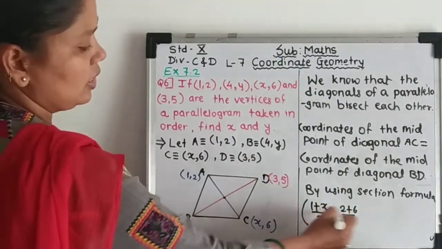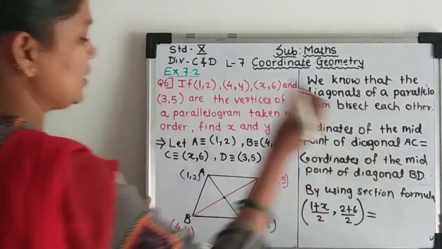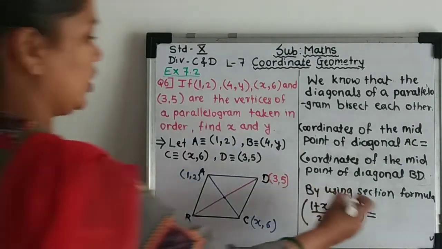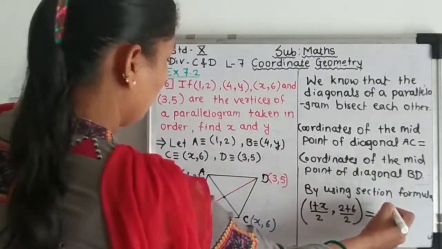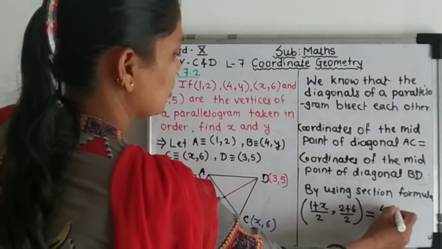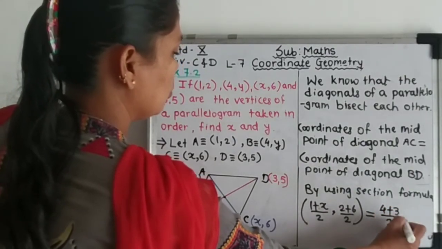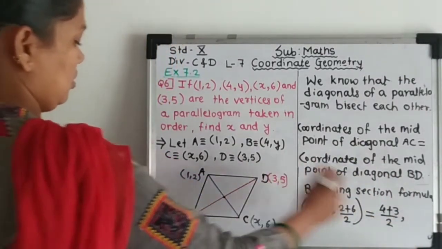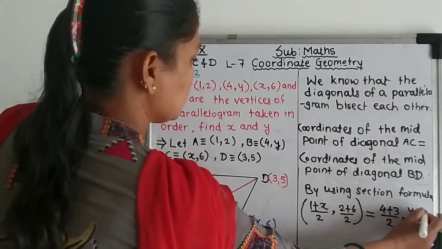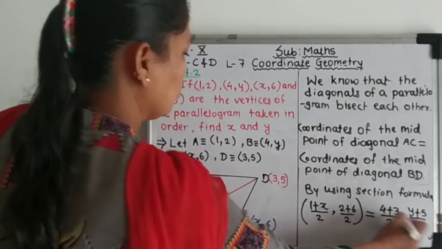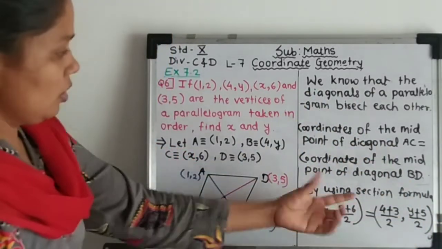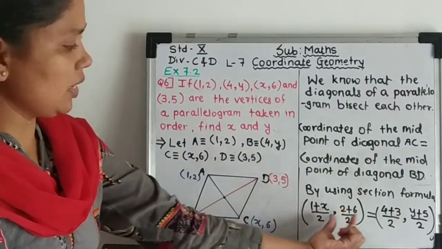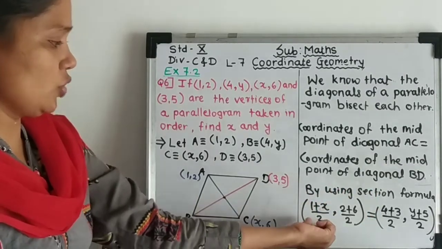This is the coordinates of AC equals the coordinates of BD. So again using the midpoint formula, (4 plus 3) upon 2 comma (y plus 5) upon 2. Have you understood this one?